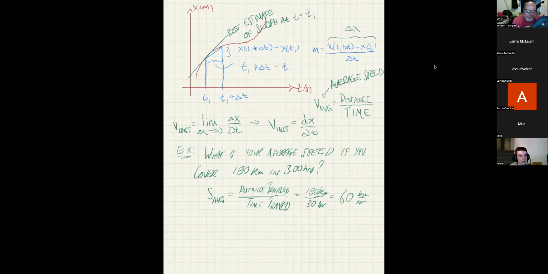Now, if we had x equal to, let's say, 3.0 meters plus 4.0 meters per second every second times t, what then is the velocity?